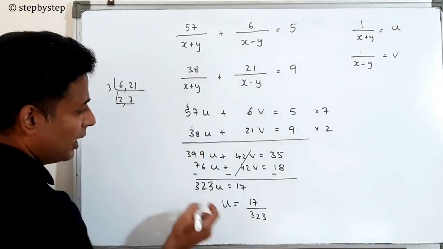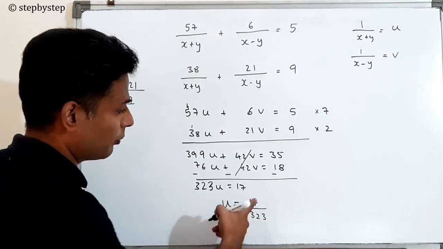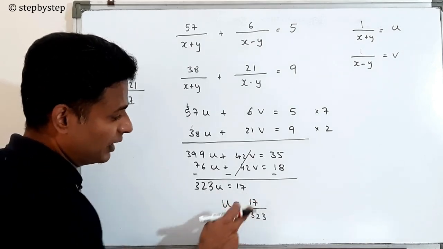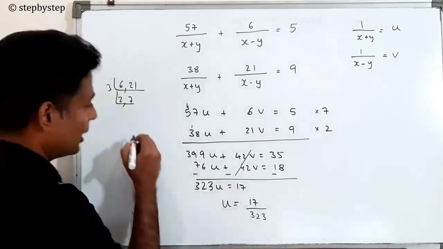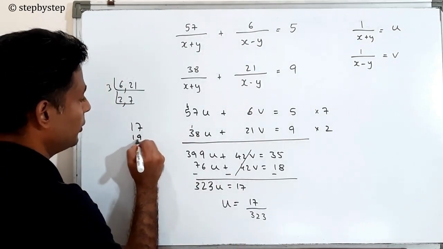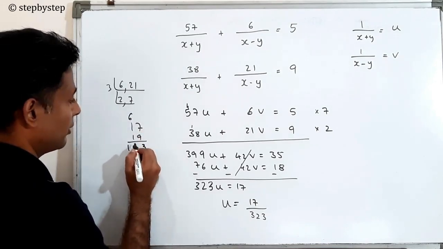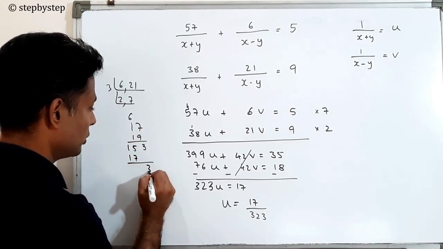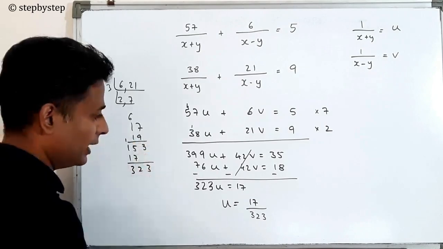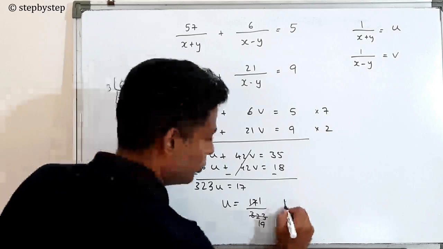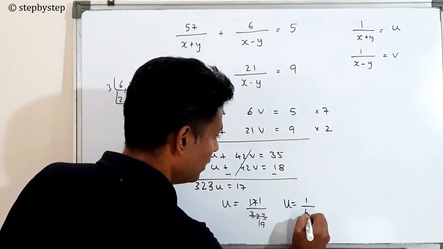Since it's ending with 3, I have to multiply 17 by a number which will give us a 3 at the end. 9 will be too small, so I'll try with 19. So 17 into 19 is 323. So u equal to 1 by 19.